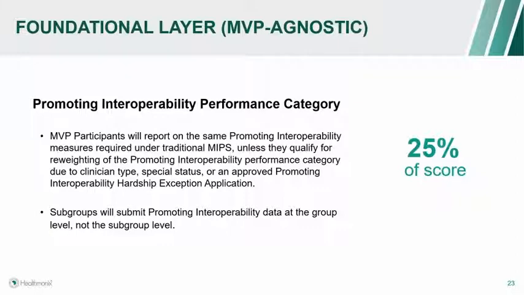It could be due to clinician type, special status, or an approved promoting interoperability hardship exception application. And an important distinction is that subgroups will submit PI data at the group level, not the subgroup level.